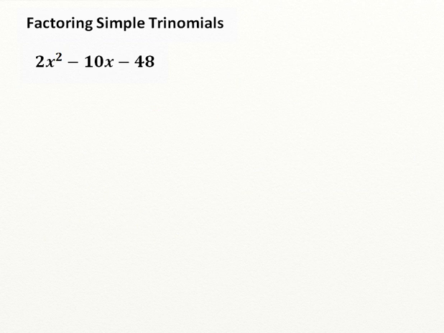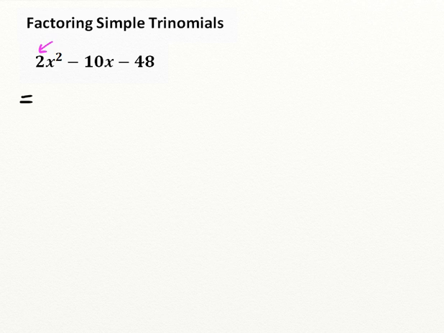Okay, let's say we were asked to factor this expression here. Well, let's put everything that we've learned together, and we'll just try and do it, and we'll take it one step at a time. The first thing I'm going to notice is that the a value in front is not 1. So this doesn't seem to be, at first glance, a simple trinomial.